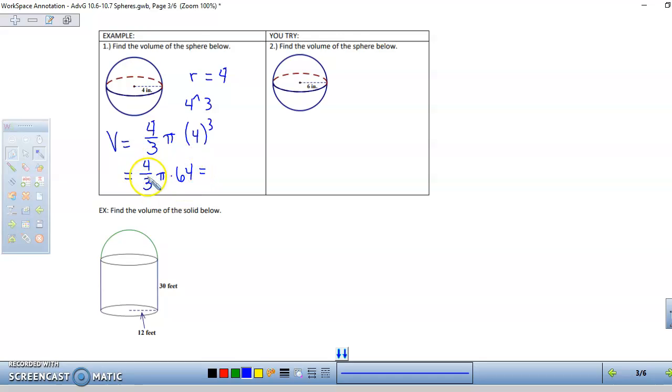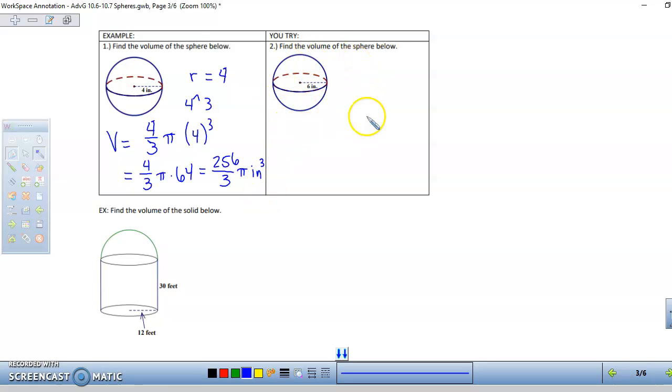Then multiplying this out, you multiply by the top number and divide by the bottom. So 4 times 64 is 256 over 3. This does not make a rational number, it's a never-ending decimal, so we're just going to leave it as this fraction: 256 over 3 pi, and the units, of course, are cubed.